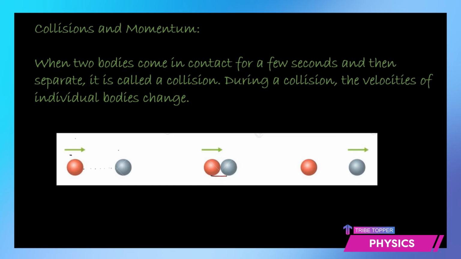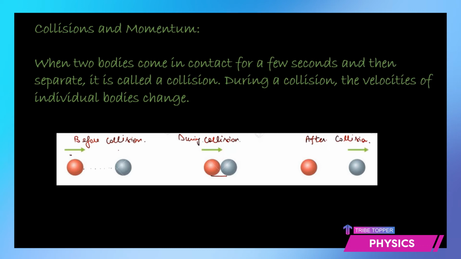This is the situation before collision. When they come in contact for a few seconds, that's during collision. After that they separate and the velocities have changed. That will be after collision. So this is a collision.